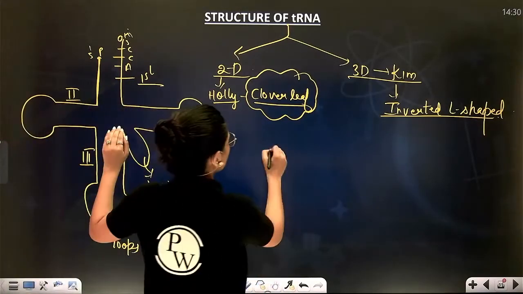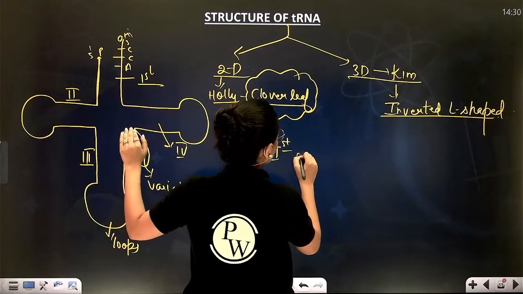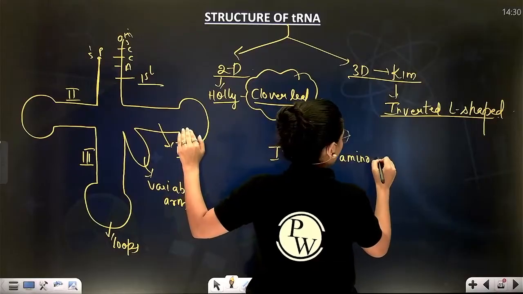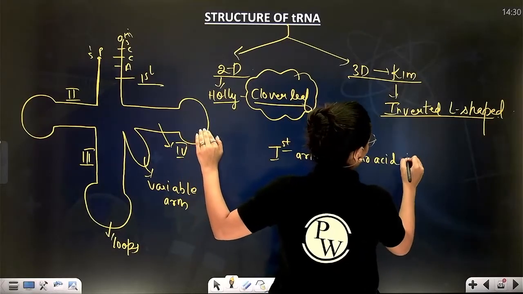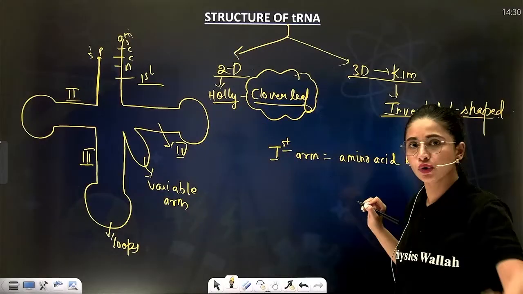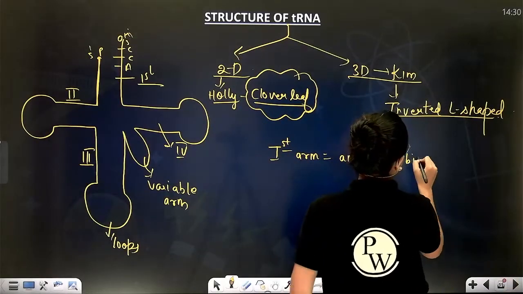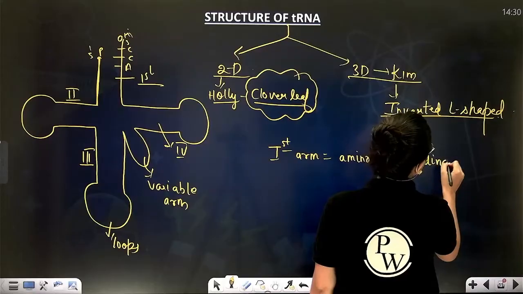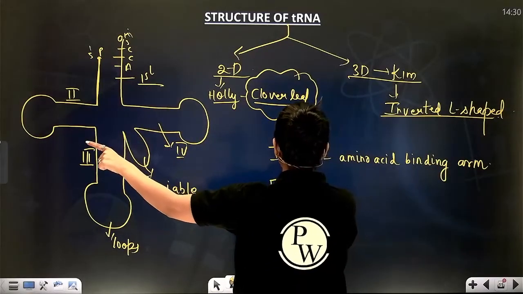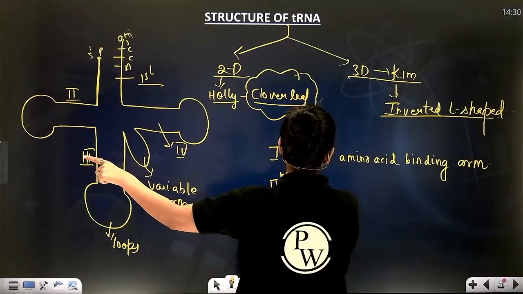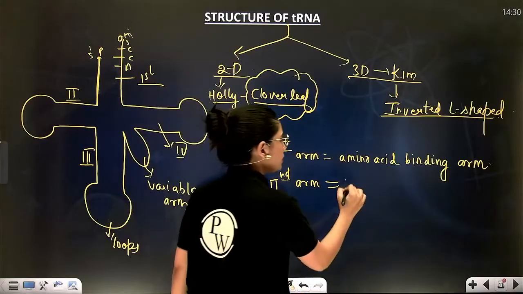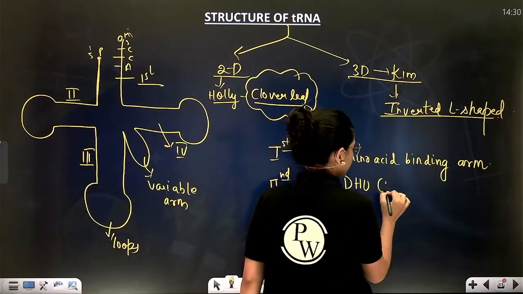Clear? Now, the first arm is known as the amino acid binding arm. Here on this first arm, amino acid is going to bind. The second arm is known as the dihydroxyuridine arm, DHU.